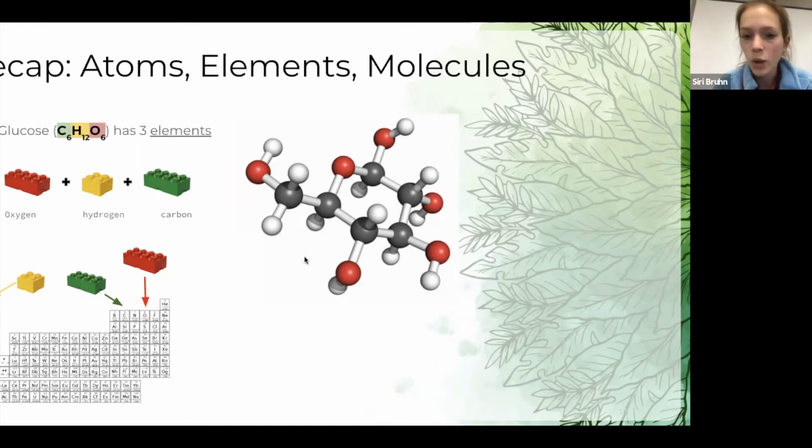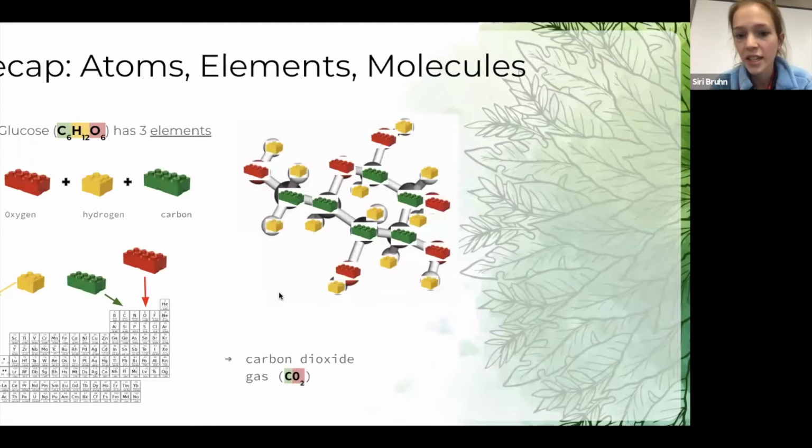Now, if I'm cool, I show those as green Legos. So then oxygen, I have 6 of those, and what color did they use to represent oxygen, the chemists? Red. So I could show oxygen as being red Legos, and I could show hydrogen as being yellow Legos.